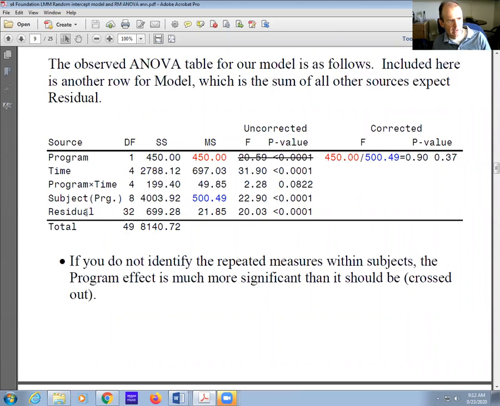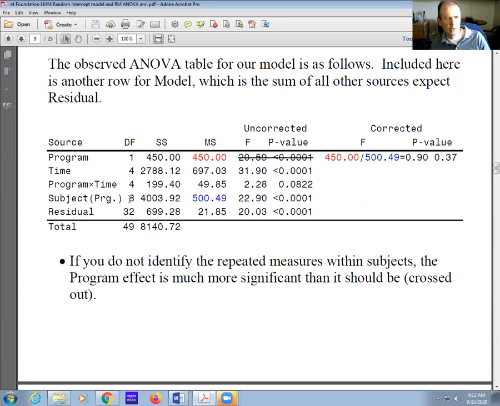We talked about how the best test for program doesn't use the residual mean squared error in the denominator. It actually uses subject within program, which made sense because that's a between subject source of variability. We compared the expected mean squares to show that to get the best F-test, use that mean square. And its associated degrees of freedom is 8, okay?